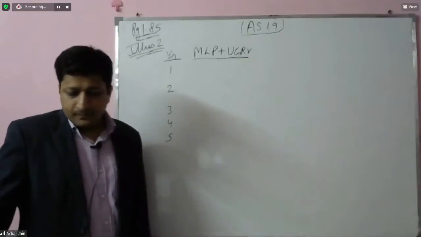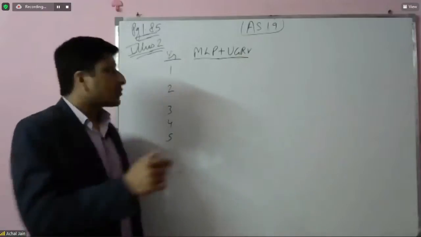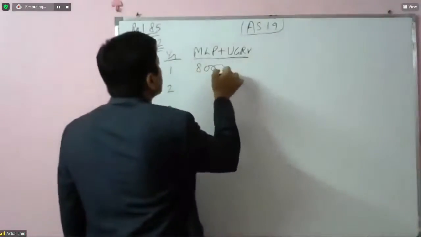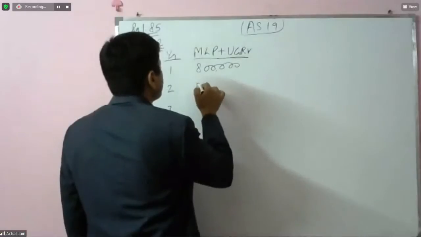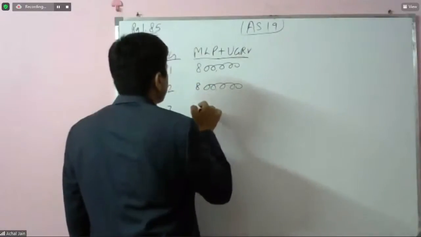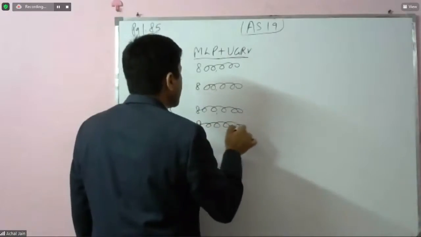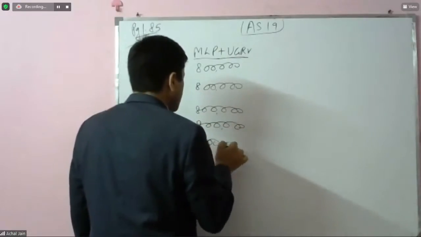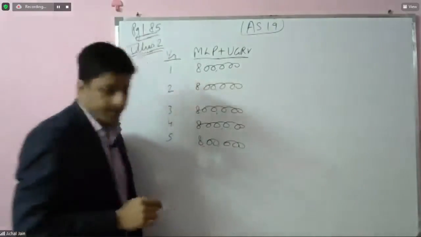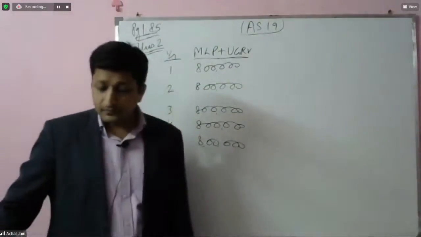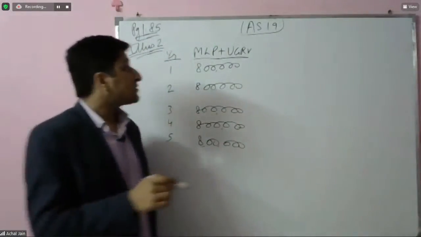Now, we have got 5 installments of 8 lakhs in the 5 years. Okay. Then the rate of return is also given.